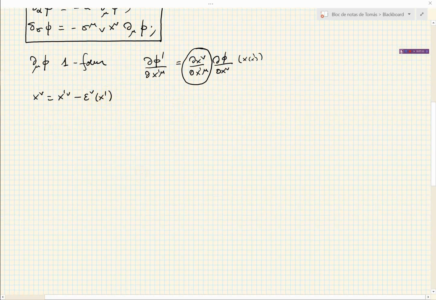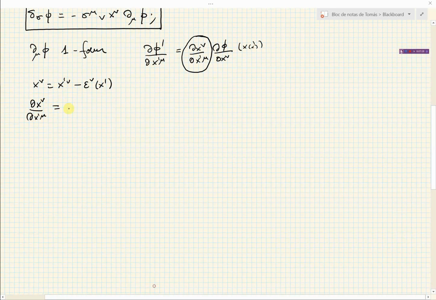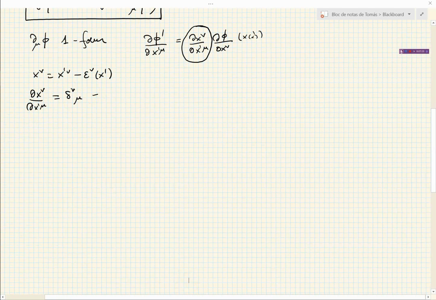We expand this in a series and the difference will be of second order in ε. Now we take the derivatives, the partial derivatives of x^ν with respect to x'^μ, and the derivative of x'^ν with respect to x'^μ is just a delta. So this is one when they coincide and zero when they are different, minus ∂_μ of ε^ν.